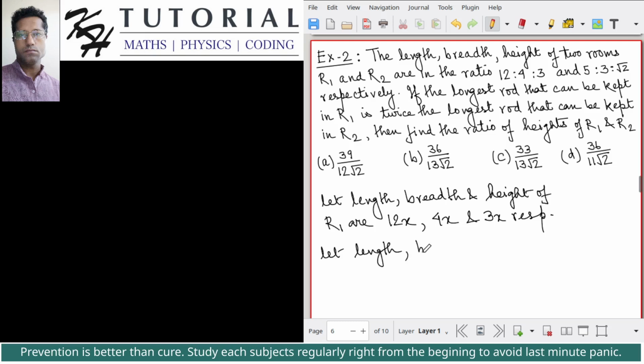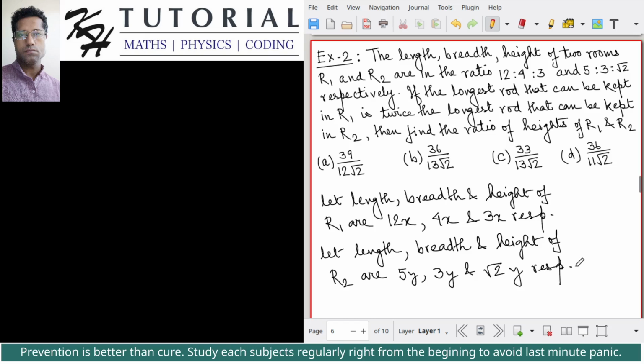So the length, breadth, and height of R2, based on the given parts of the ratio, are 5y, 3y, and √2 y respectively.